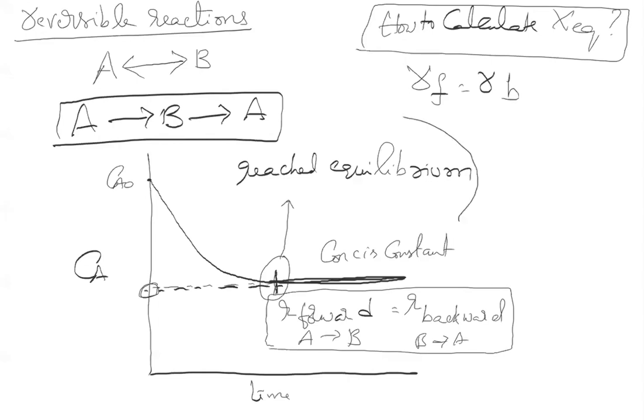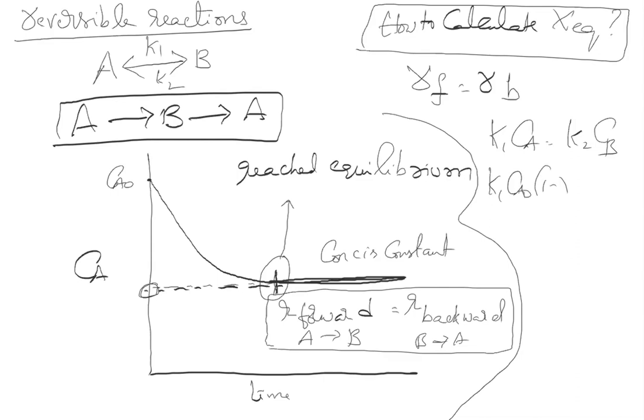Assuming this is K1 and this is K2, the forward rate is K1 CA and the backward rate is K2 CB, assuming it is an elementary reaction. What is CA? Ca naught into 1 minus XAE, the equilibrium conversion. What is CB? Ca naught into XAE. CB is nothing but how much amount of A converted. Ca naught will cancel, so your XAE will be calculated.